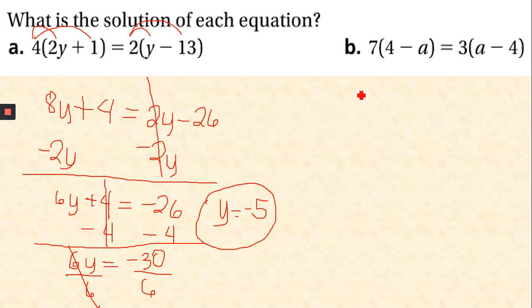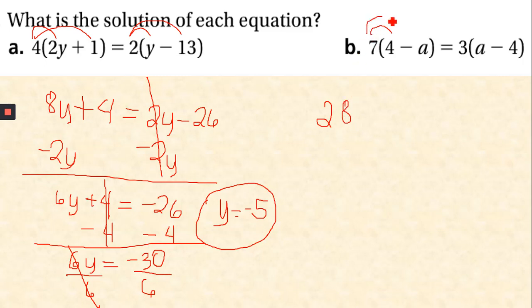Okay? Let's do the other example, this one. So A and B are very similar. So you're just going to apply the distributive property here in order to get rid of the parentheses. 7 times 4, that is equal to 28.